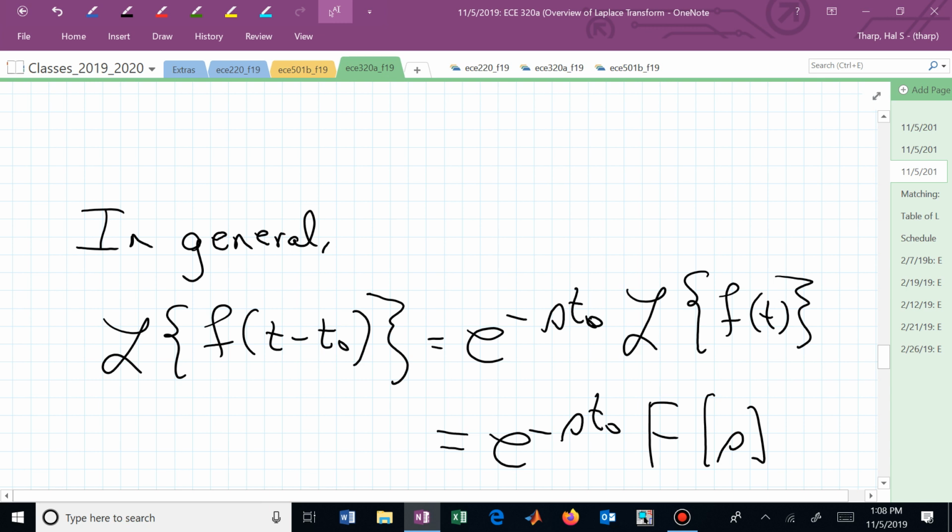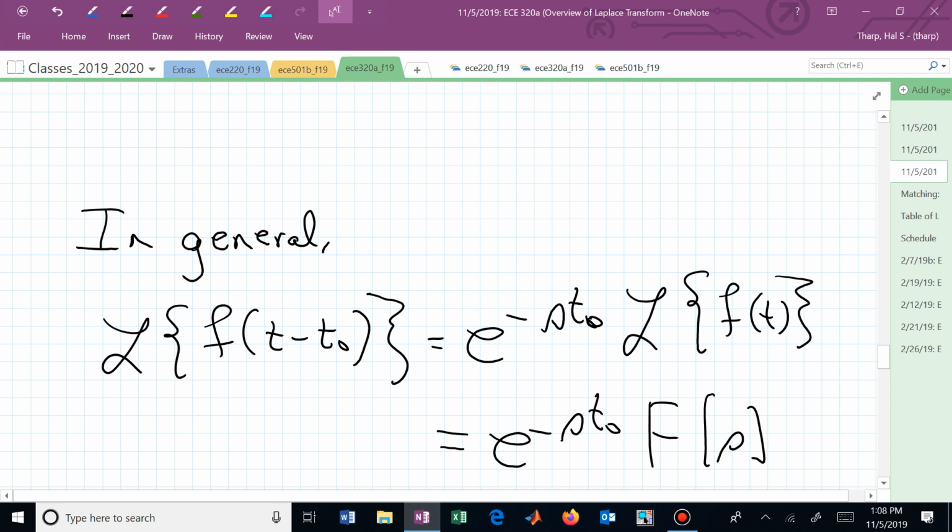So t naught could be, but typically we are working with delayed expressions. So this is the more conventional way to think about this result. But if you had an advanced function, can we now use this? You would just replace t naught with the negative value.